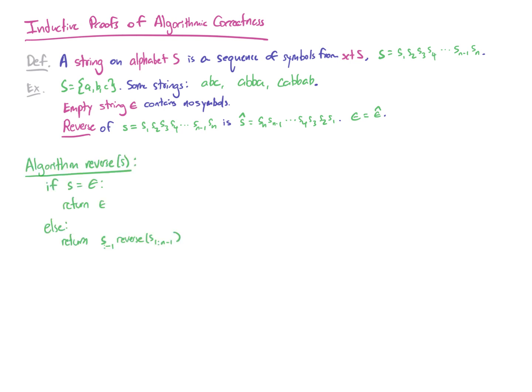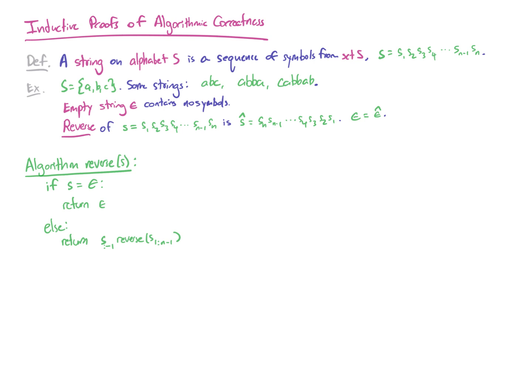I've written this algorithm in some Python-like pseudocode. I'm going to call my algorithm reverse. It has one argument s. And here's what we do. If s is the empty string, we're just going to return the empty string.